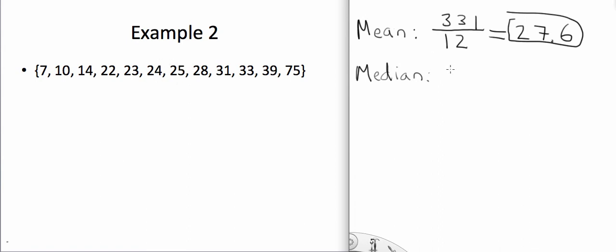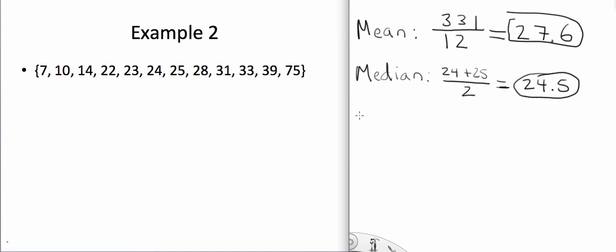So that is what I'd have to, my median is technically right in the middle of those two numbers. So I've got 24, we add that with 25, and I divide that by 2. Okay, I know in my head that when I add 24 and 25 I get 49. Divide that by 2, that gives me an answer of 24.5, and that is my median.